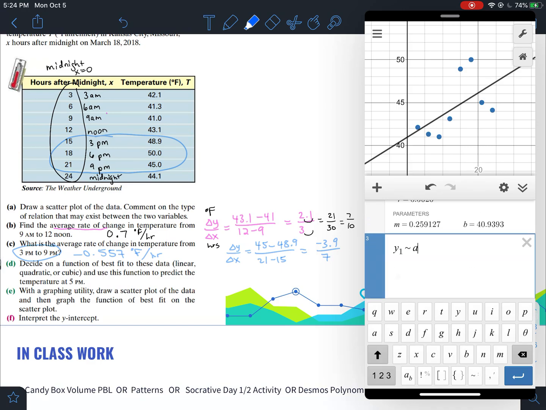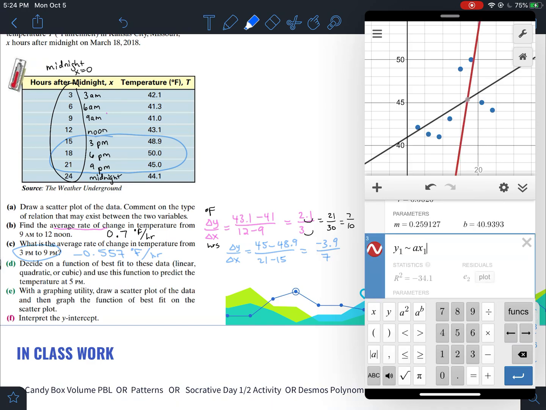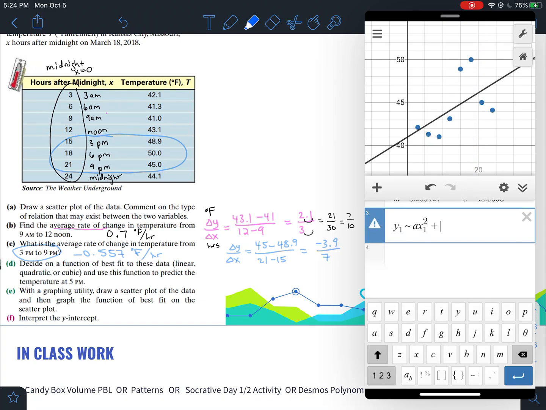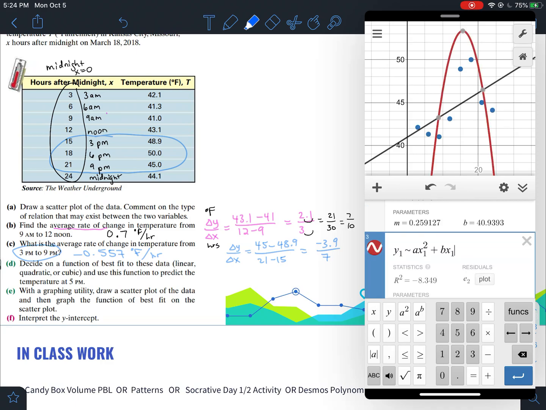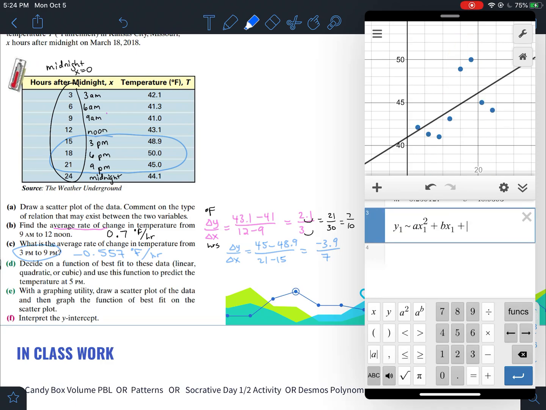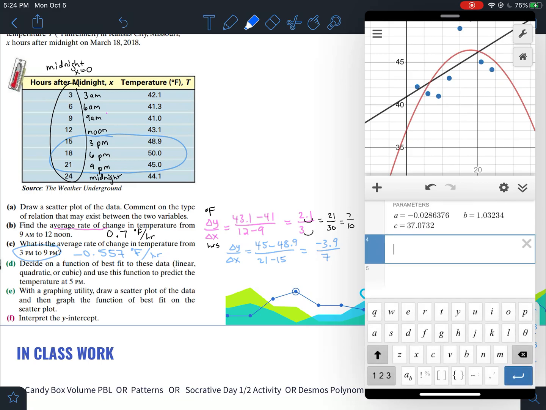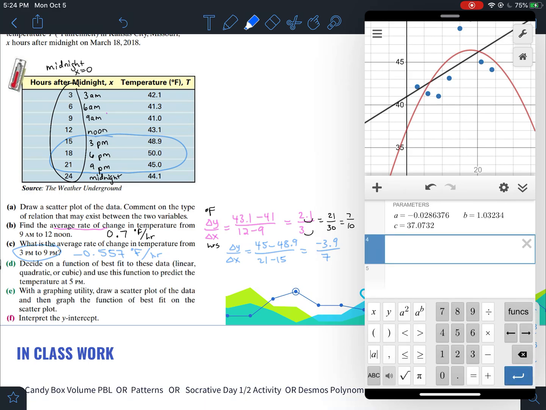Let's look at quadratic: y1 is approximately ax1 squared plus bx1 plus c. Again, not the best. It doesn't look like it hits a lot of those blue points, and it's missing some.